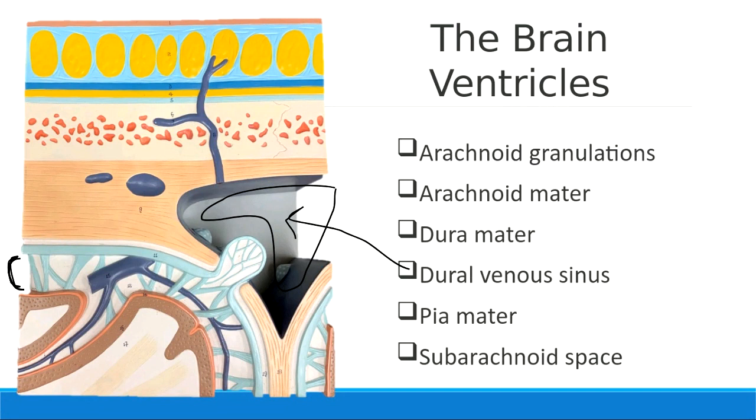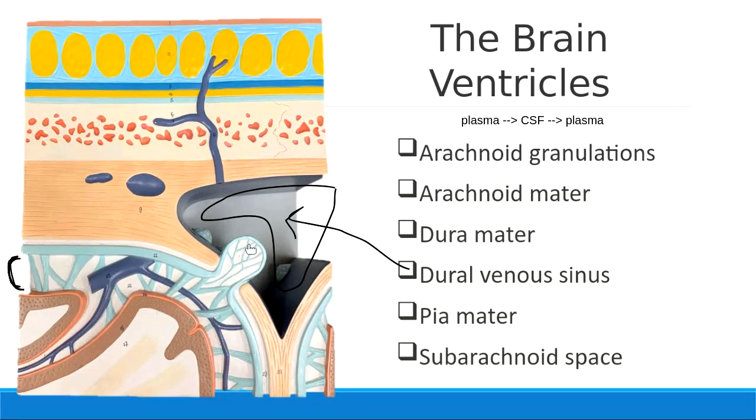When I leak it back into the dural venous sinus, it becomes plasma again. So to make sure that I never end up with too much cerebrospinal fluid, I use these little structures called arachnoid granulations or arachnoid villi, depending on what your Google search shows you, to dump that fluid back into the dural venous sinus.